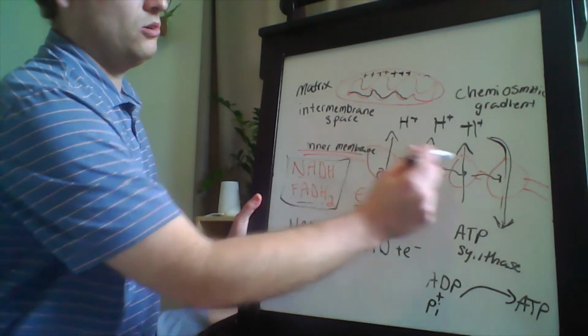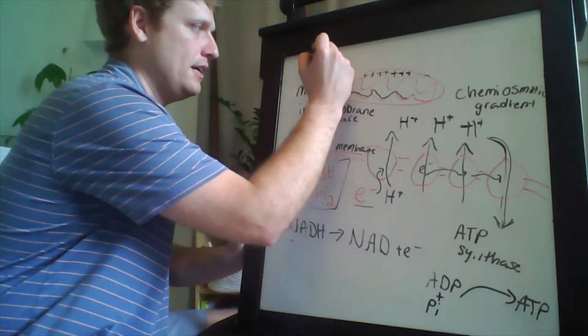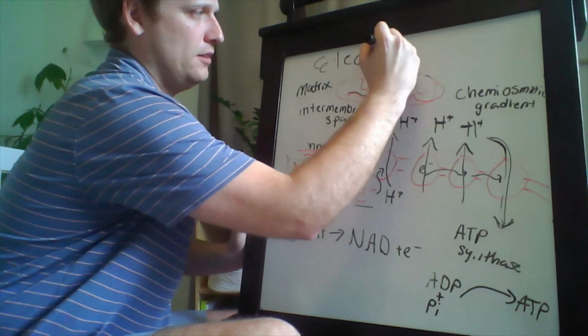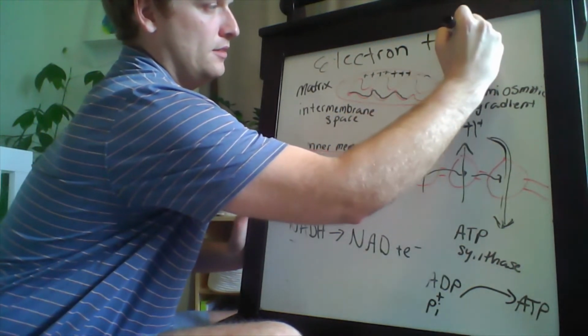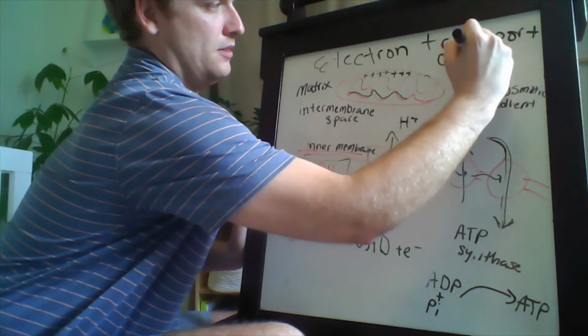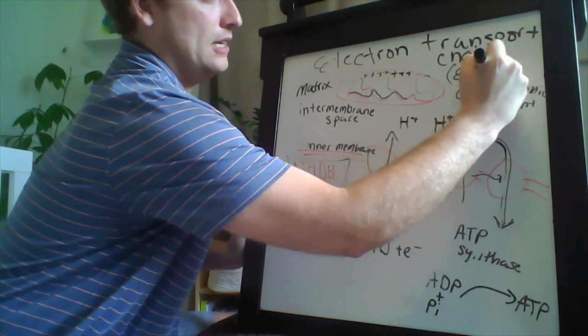This whole set of proteins, this whole process, is called the electron transport chain. Or we abbreviate that, the ETC.